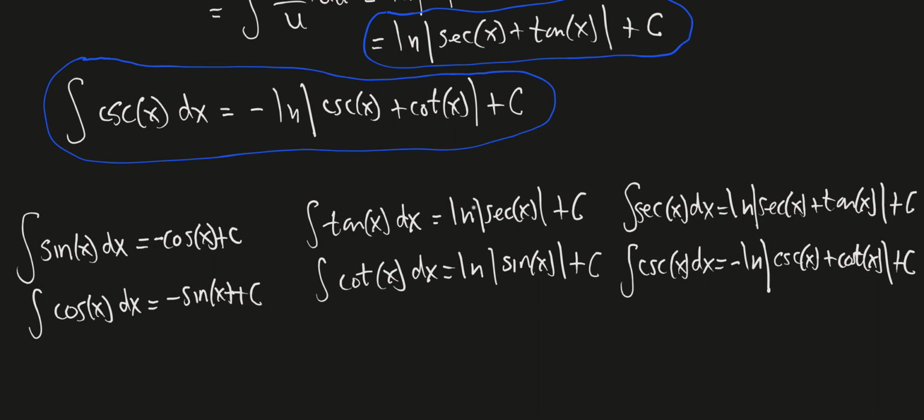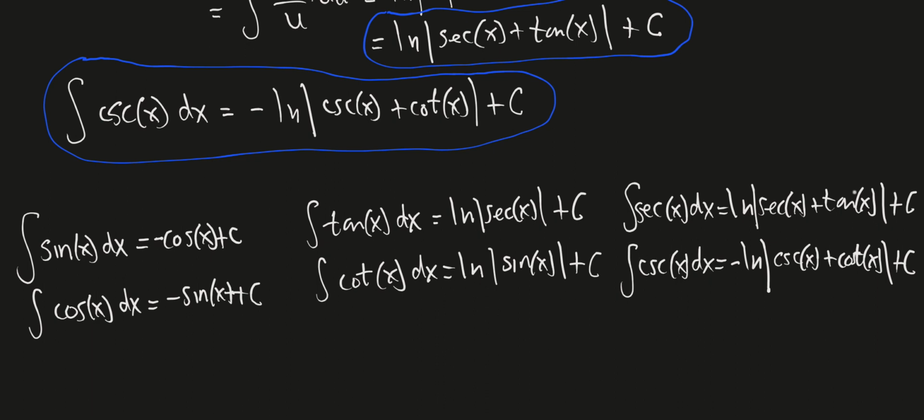So all 6. So part of the reason why we need these, right? And it's not that these integrals by themselves are earth-shatteringly important. I mean, they are. But it's just that in future integration techniques, many times we're going to take a problem and reduce it to an integral that might end up having tangent or secant or cosecant.